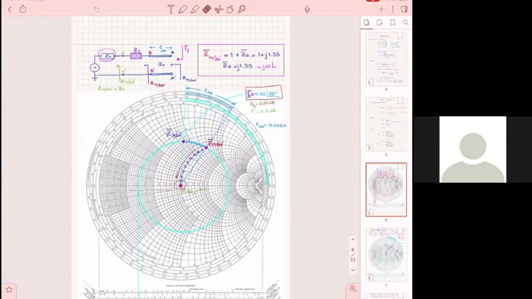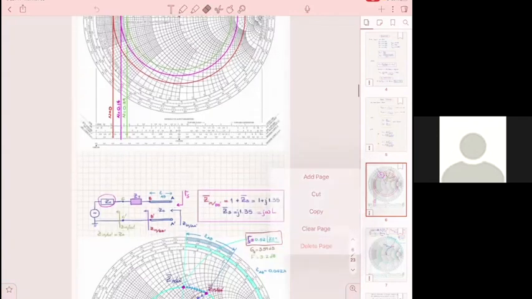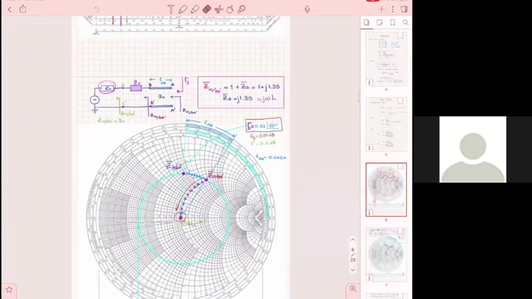It is not wrong the way I did it, because I used this equation and the result is correct. The way I solved it is by going from the center towards the input impedance, which is the source.